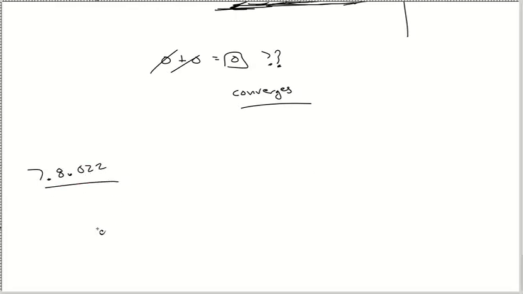78022. I've got the integral from 1 to infinity of e to the negative 1 over x, all over x squared, dx. Okay, awesome.